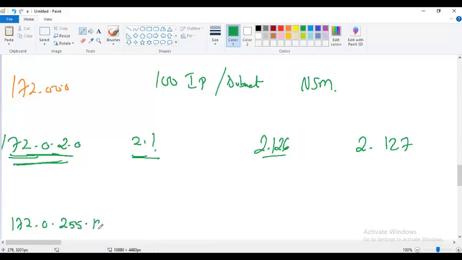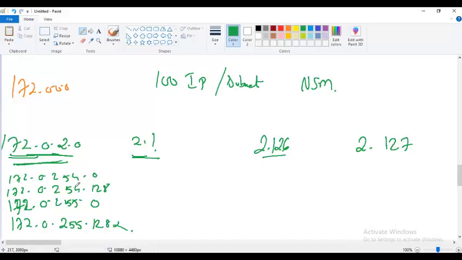And the second last will be 172.0.254.128. And then 172.0.254.0. See, 254.0, next is 128, next is 1 getting added here because 128 plus 128 is 256. So it goes here. You understood?